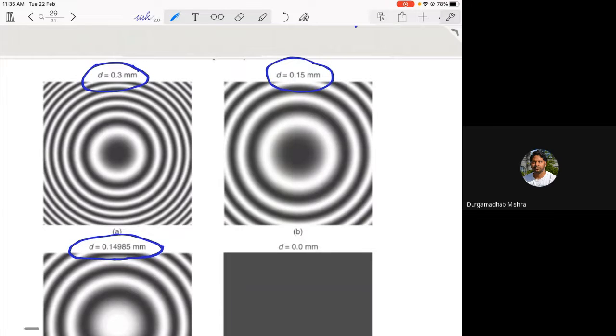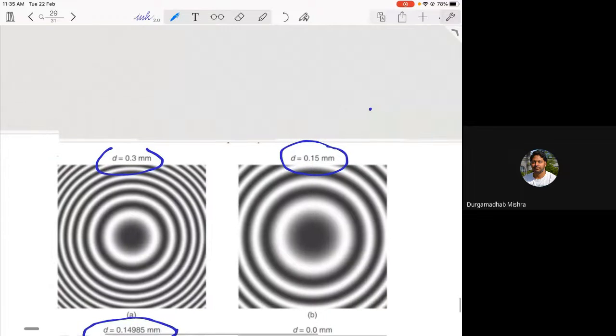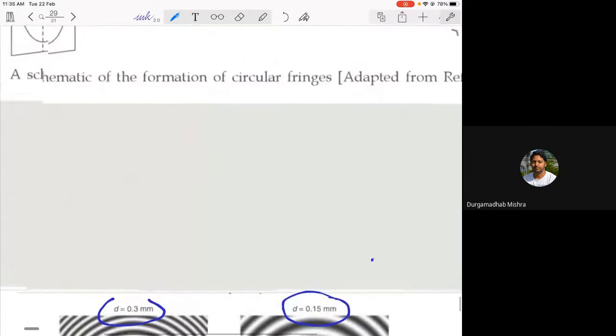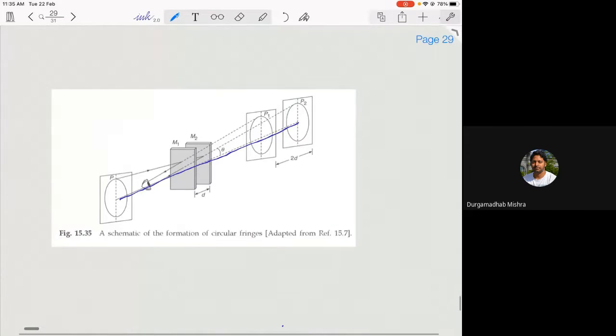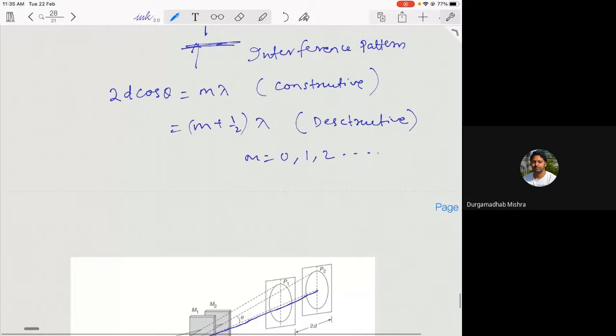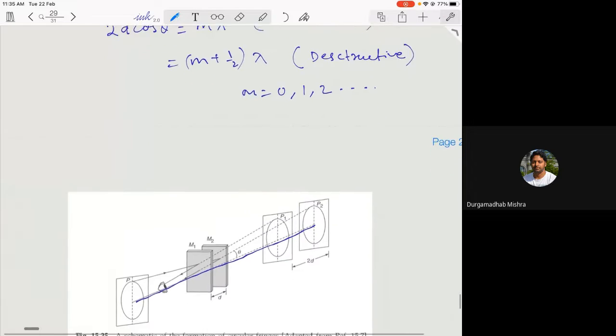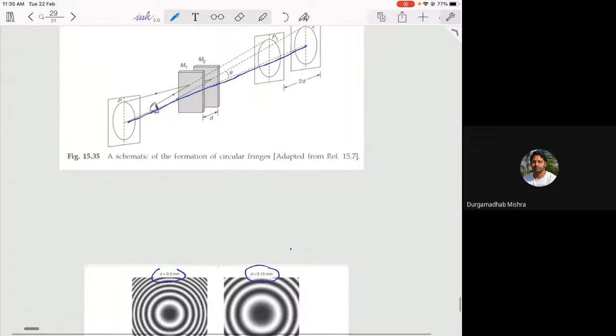You have more and more rings that come out from the central part. And this is because m will be different depending on d, so the number of fringes will change because of that.